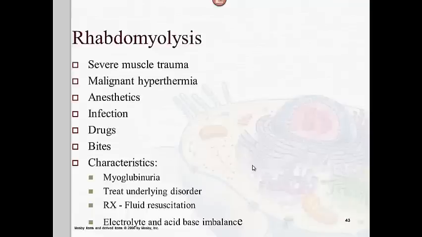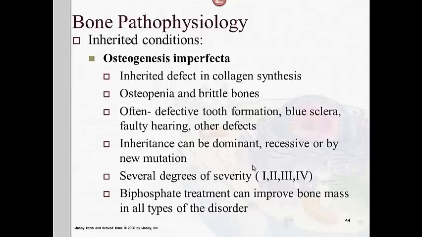In the urinalysis, you could see the myoglobinuria. Treatment is basically to treat the underlying condition, try to discern the main cause, treat the electrolyte imbalance, give plenty of fluid resuscitation to avoid renal failure.